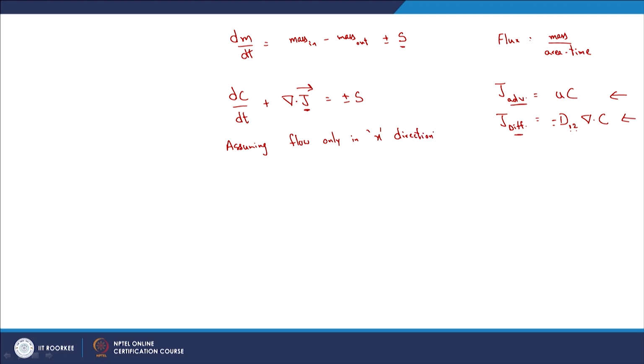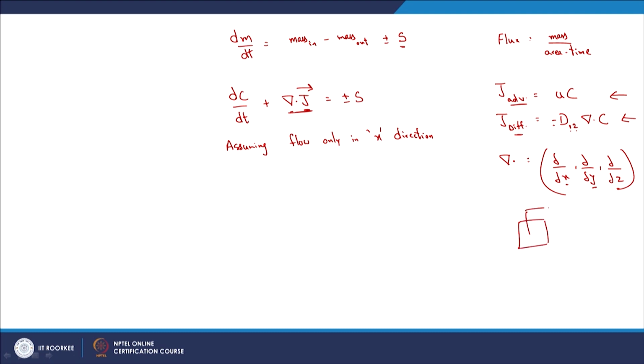And before I go further, the del product is a vector to scalar converter, and that will give me an idea about dou by dou x, or how the relevant variable is changing with space, right. So when I say the del product, I am referring to the change of, in this context, flux with respect to x, y and z directions. What is that again?